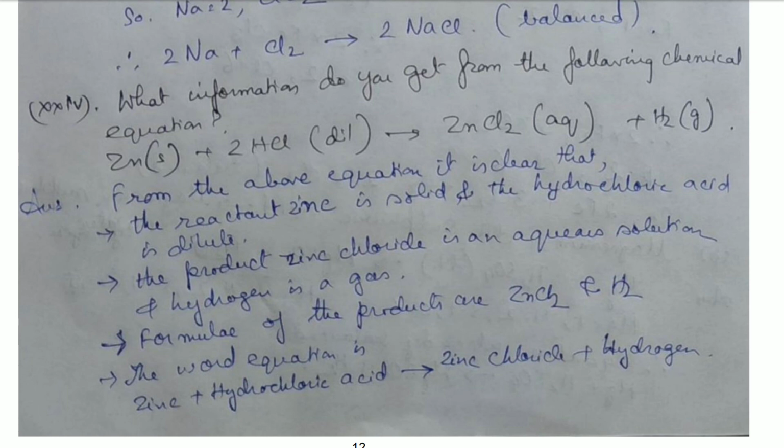So from the above equation, it's clear the reactant zinc is a solid, hydrochloric acid is dilute, the product zinc chloride is an aqueous solution, and hydrogen is a gas. Okay, so the formulas of the products are zinc chloride, ZnCl2, and H2. The word equation is: zinc plus hydrochloric acid gives us zinc chloride and hydrogen.